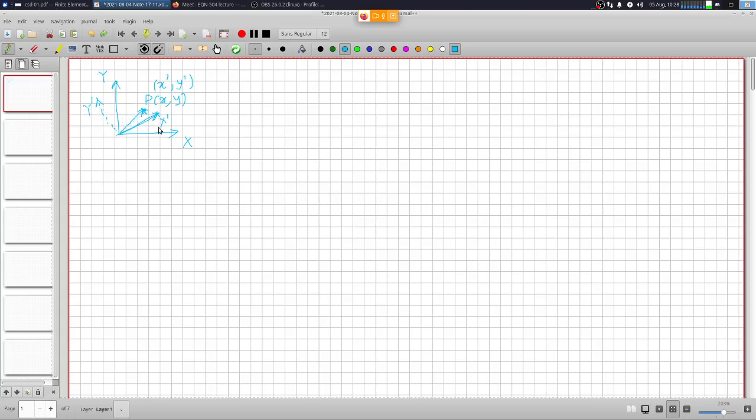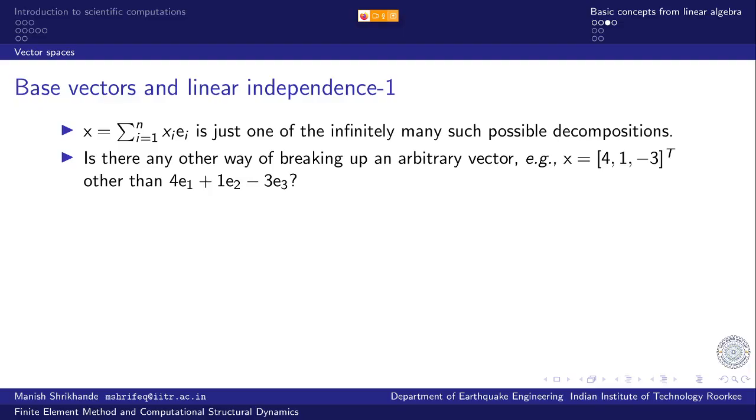We defined it along the Euclidean frame of reference. Is there a possibility to define the same position vector, the same point, with reference to another frame of reference? And then the coordinates would of course be different.